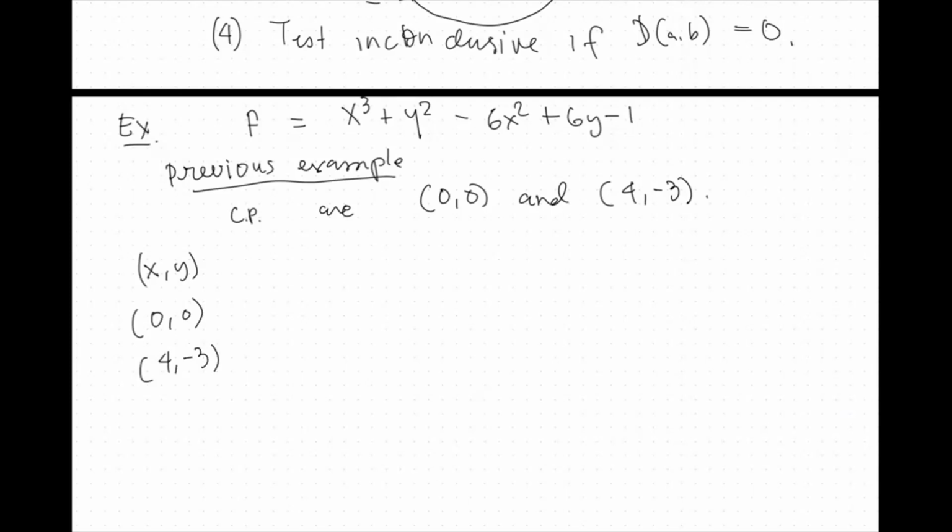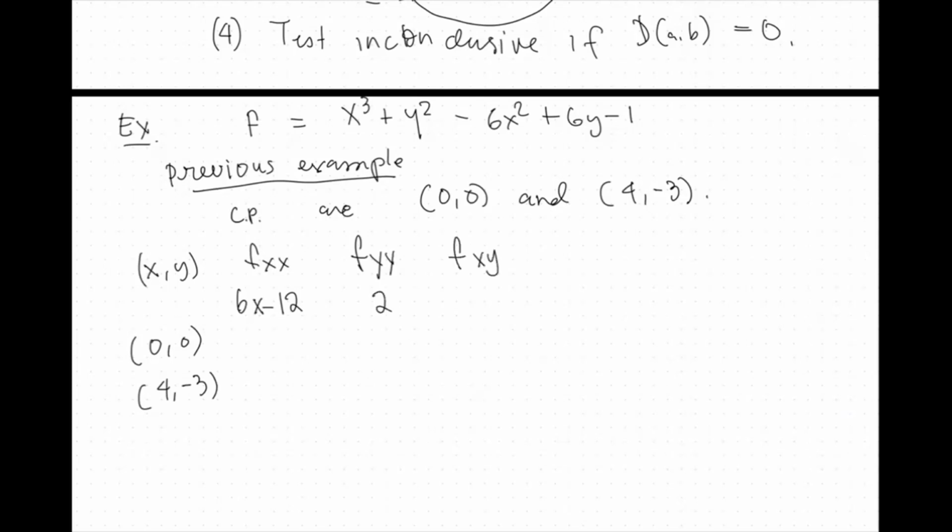In the first column, we have f sub xx. Your f sub xx at arbitrary x, y is 6x minus 12. F sub yy is, as earlier, 2. And then f sub xy.